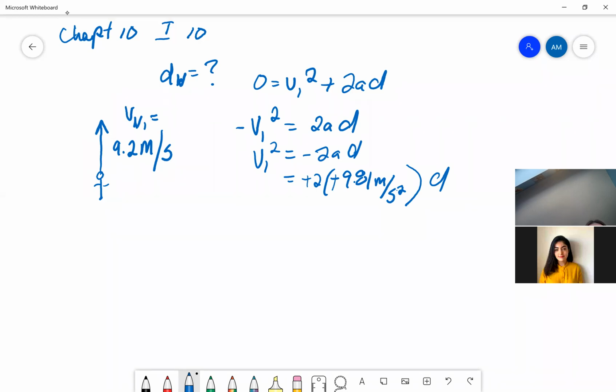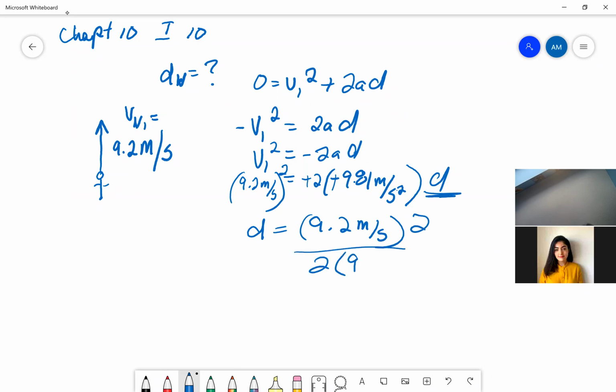And V1 is 9.2 meters per second, all squared. So if we solve for D, D is going to equal 9.2 meters per second all squared, divided by 2, divided by 9.81. And this will be seconds squared, so it cancels. It will lose one of the meters, and we're just left with meters. So if somebody can plug that through. 4.31 meters. Excellent.